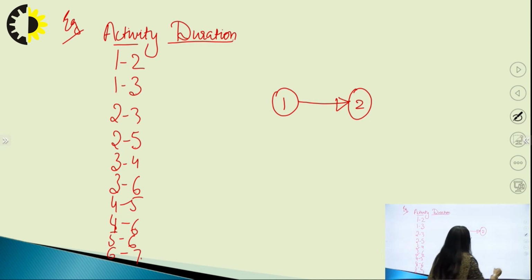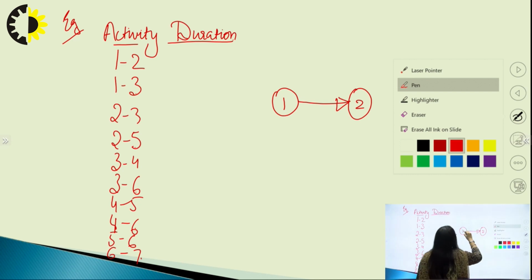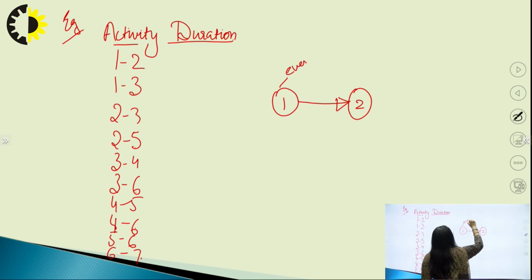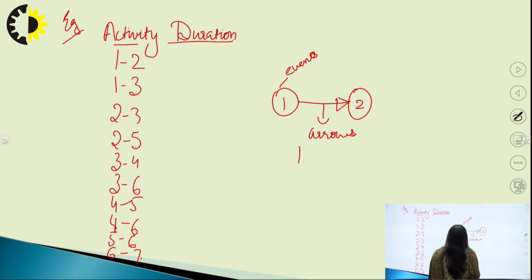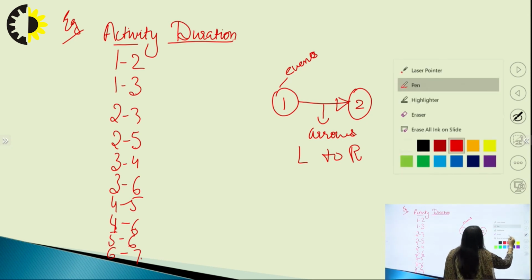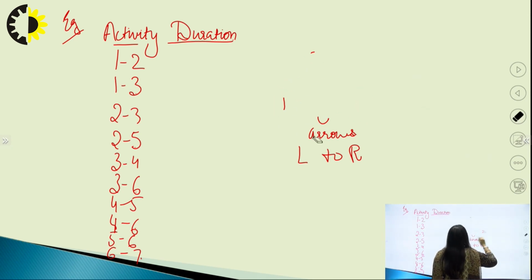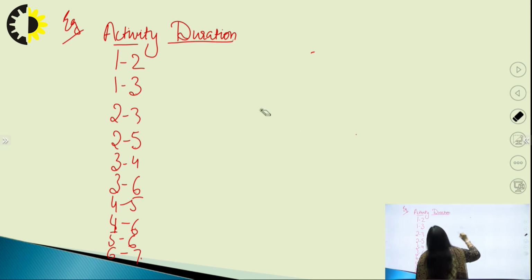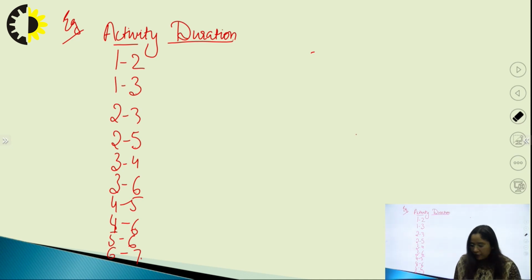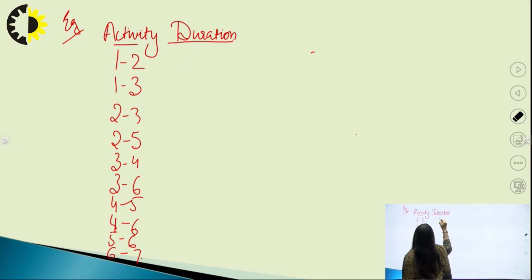Let me make it smaller. These are events and they are connected by arrows, and these arrows can flow only from left to right. Let's now make this network. The duration for each and every activity is given, that is 15, 15, 3, sorry.